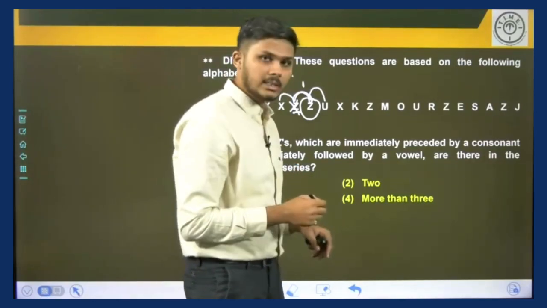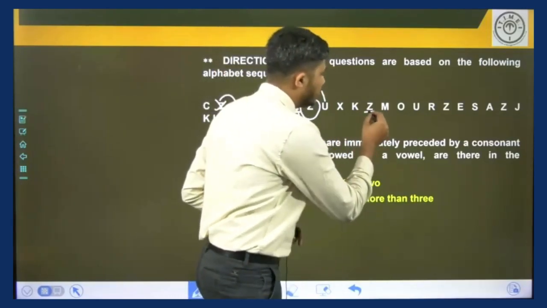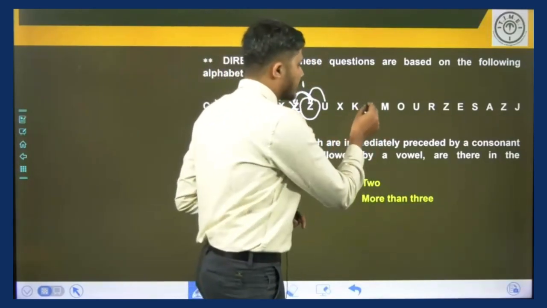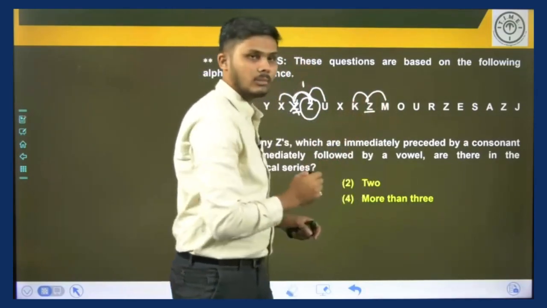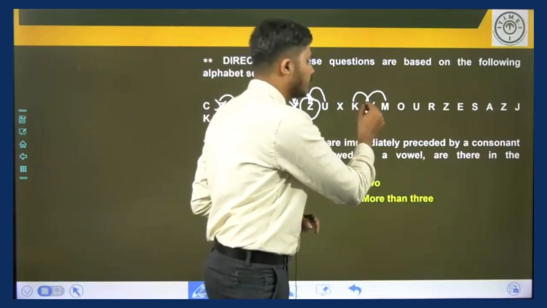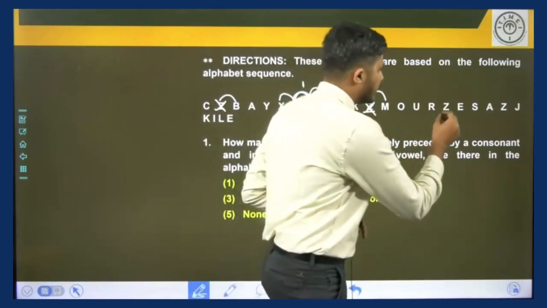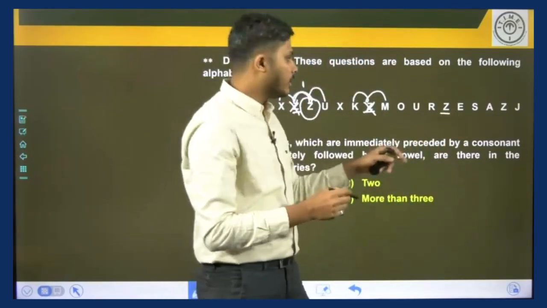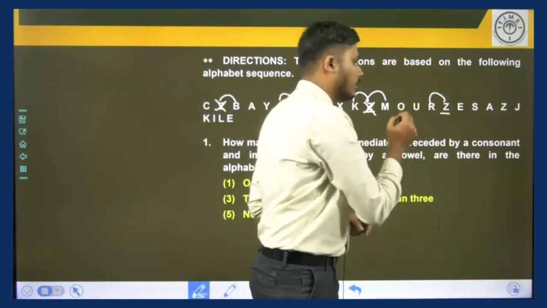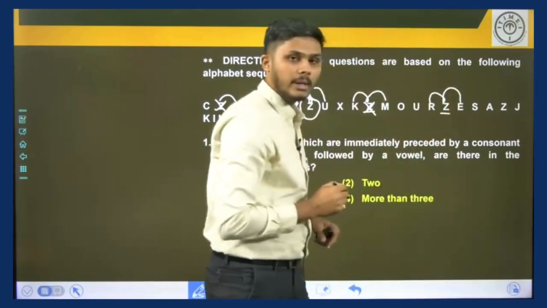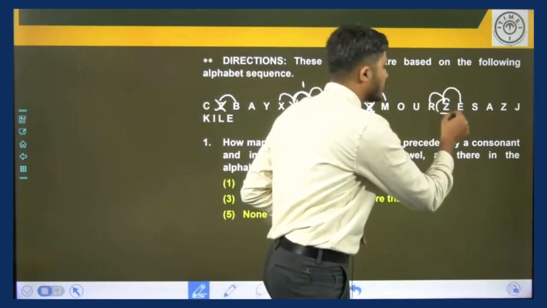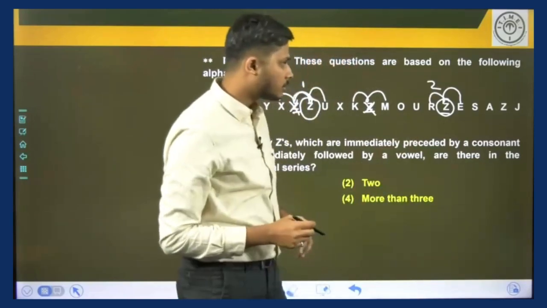Now let's look at the next Z. This is immediately preceded by a consonant but is not followed by a vowel, hence this is not counted. Now the next Z, it is immediately preceded by a consonant and also immediately followed by a vowel. So this is the second Z.